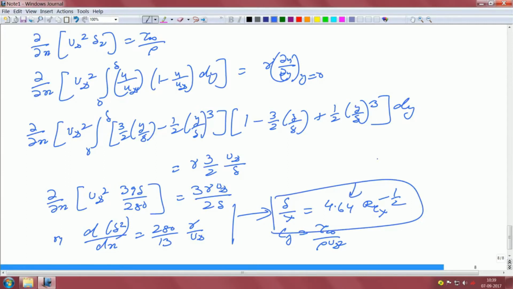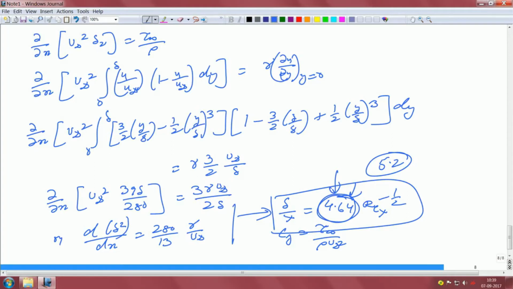Remember, the exact solution gave us something like 5.2 if you recall the graph. So, we are not way off, we are off by about 10% or below in this case. So, just by using this approximate analysis, we got an answer which is pretty close to the actual value. This proves that the integral approximation is not a bad idea after all.